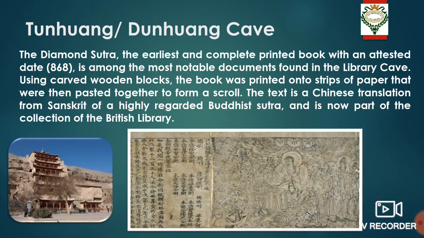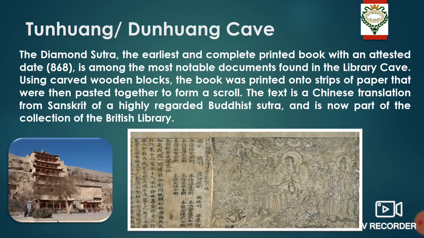It consisted of 7 sheets stuck together to create a 5-meter long scroll. And the picture that you are seeing over here is the front sheet, or the first sheet, of this Diamond Sutra. The wood block printed Diamond Sutra was a work of art, complete with calligraphy and beautiful religious illustrations.